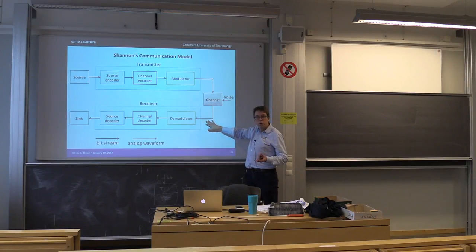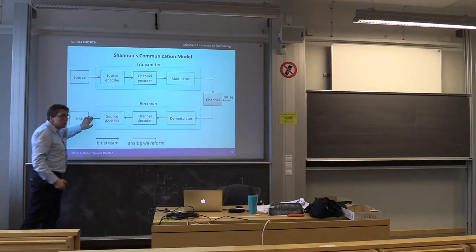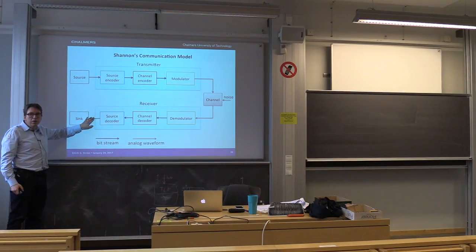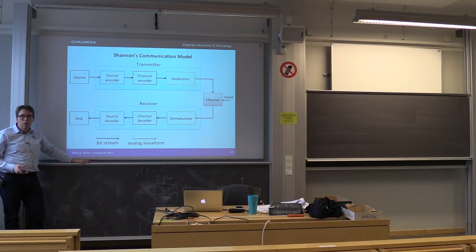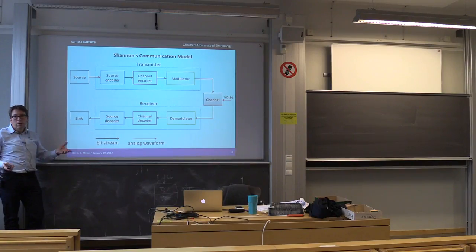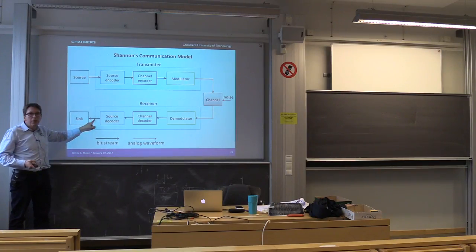And the purpose of the receiver is to take this noisy observation and then produce bits. And hopefully these bits are the same as the bits that were transmitted. Sometimes they're not. So one performance metric for physical layer communications is to calculate the probability that a single bit is in error. That's called the bit error probability.